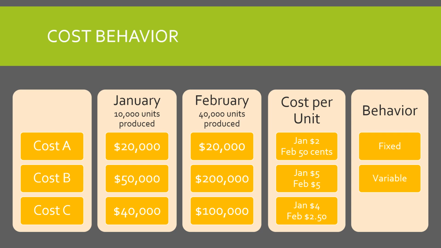And when I look at cost C, I see that in January it was $40,000, February $100,000, so it's not constant in total. And when I look at the cost per unit, $4 in January, $2.50, it's not constant per unit. All right, so this is a cost that is not constant in total, not constant per unit, therefore it is a mixed cost.